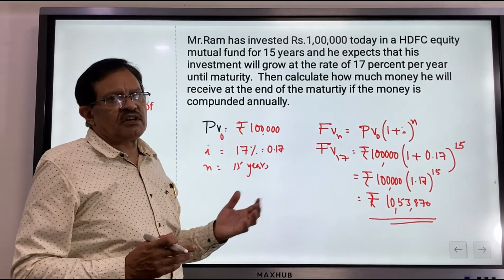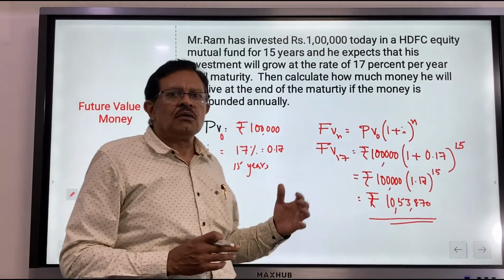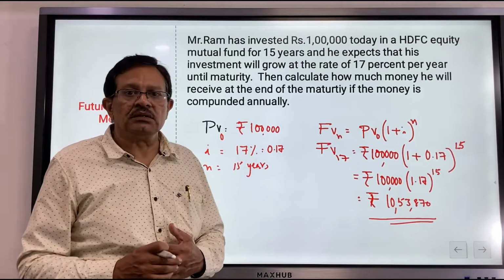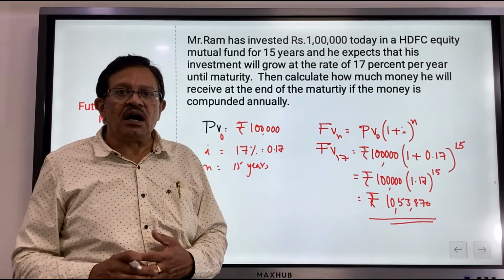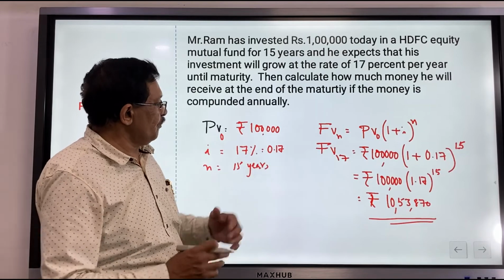Either you should have a scientific calculator, or we need to use the table values to compute this particular value. Let's understand how we use this table value to compute the same thing.